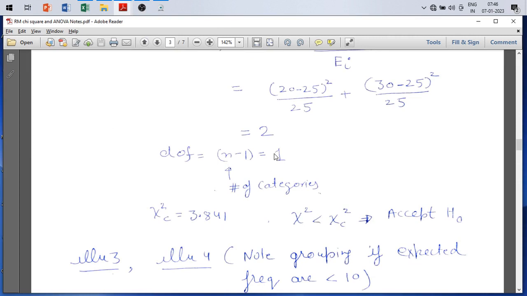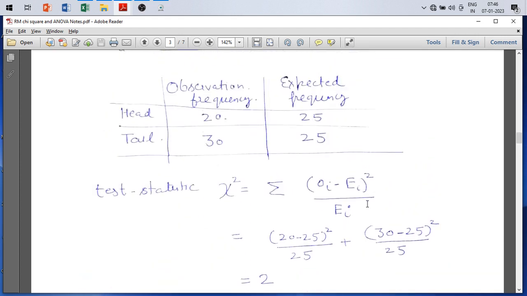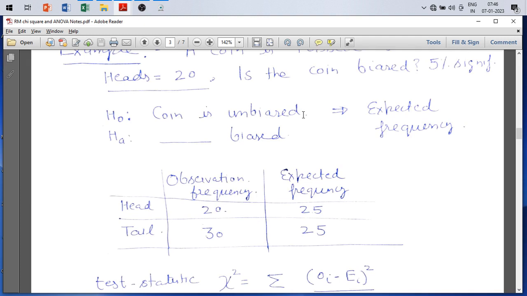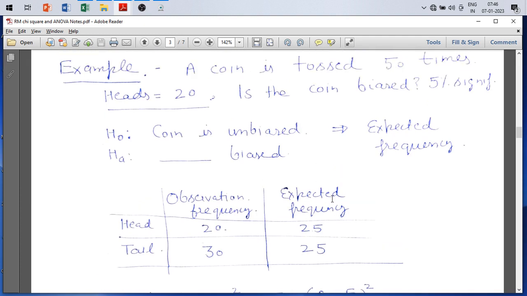The chi-square statistic we got is 2, which is less than the critical value, so it falls in the acceptance region. So we accept the null hypothesis that the coin is unbiased. This is an example of goodness of fit, in which we see if our observation fits the expectation of a distribution based on some theory that we have.